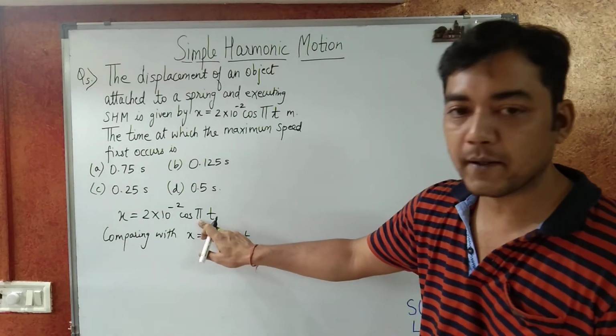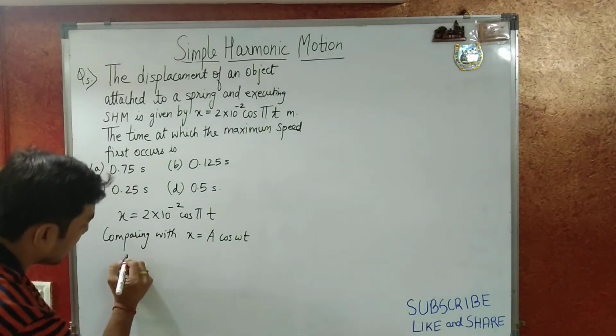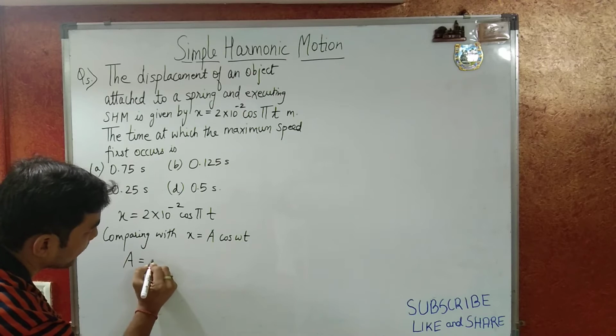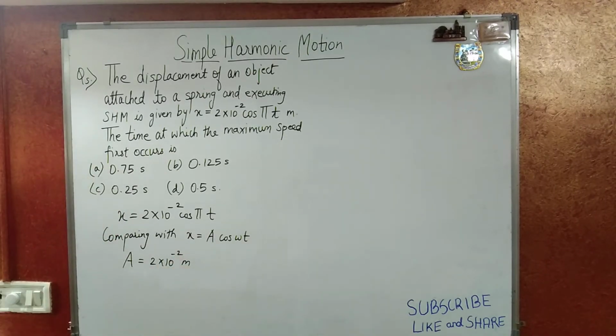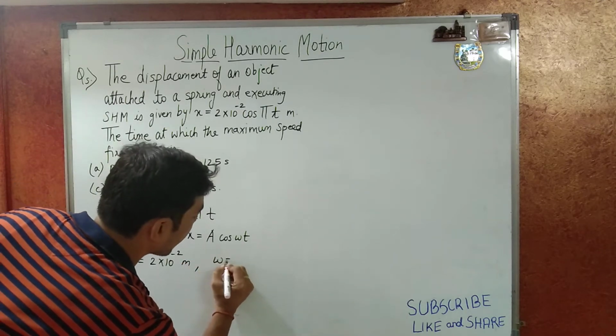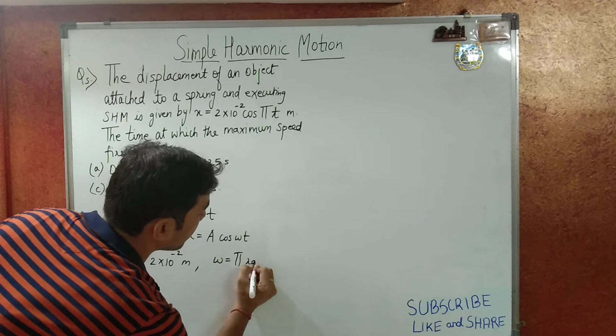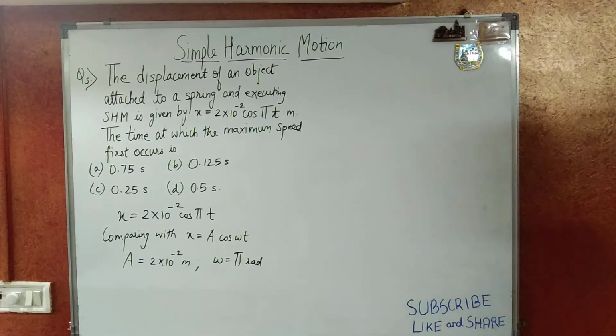It is pi radian. So I am writing that a is equal to 2 into 10 to the power minus 2 meter, and omega is pi radian.